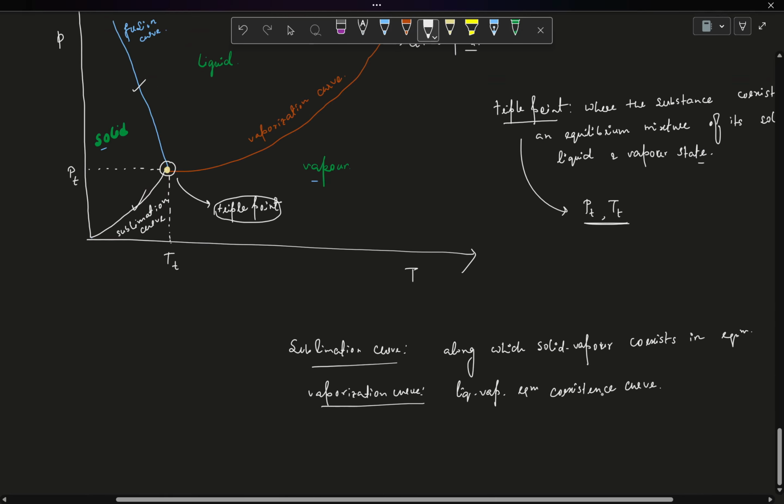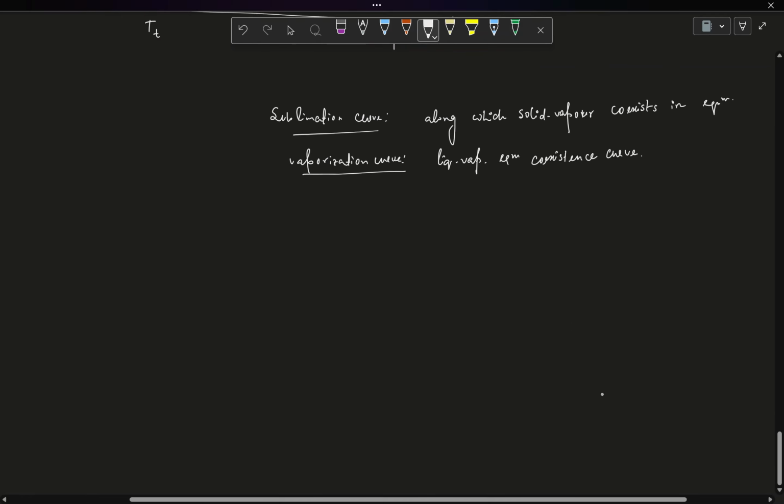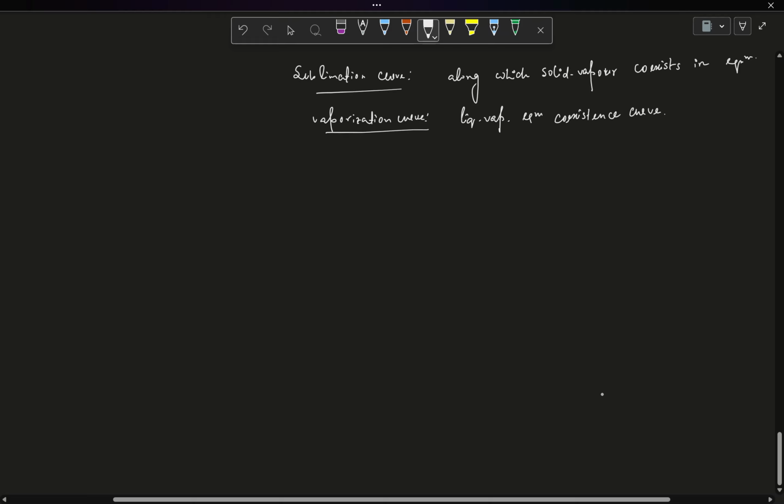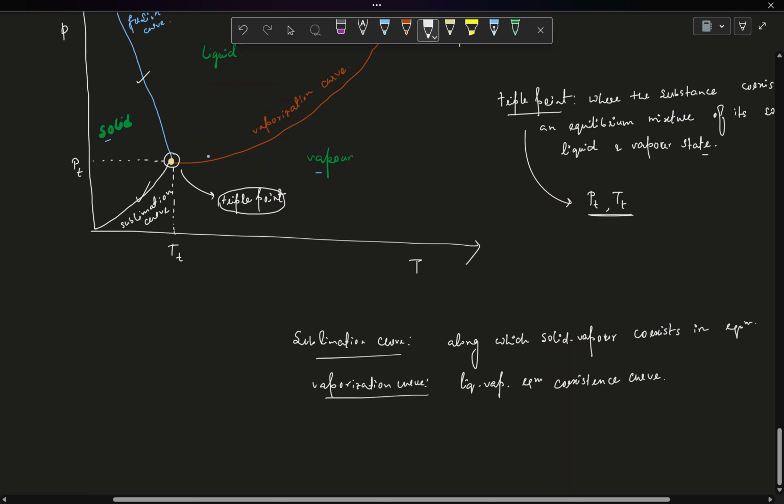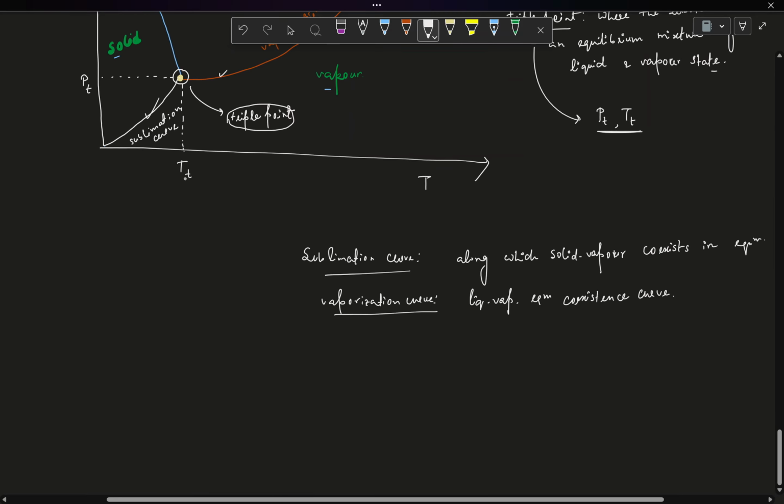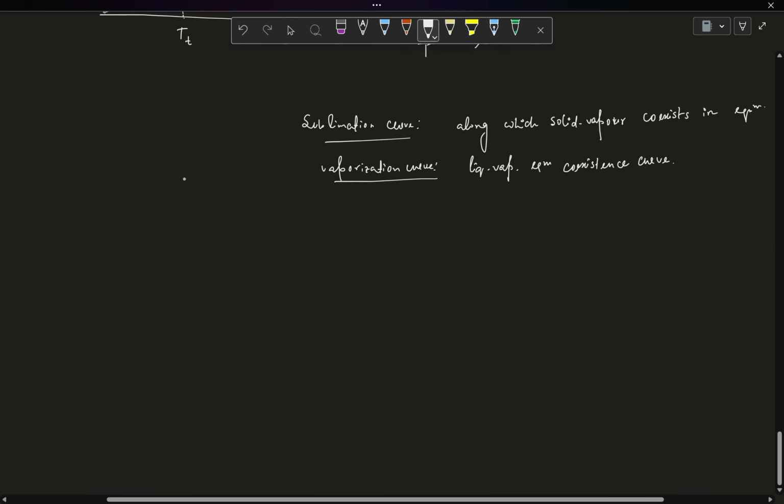So once we have defined the main things about this question, let us move on to solve this. You have to calculate the triple point value when you are given the sublimation and the vaporization curve equations. You can directly see that both of them have a common meeting point, and that is the triple point. So obviously at the triple point both of the curves will have the same value.